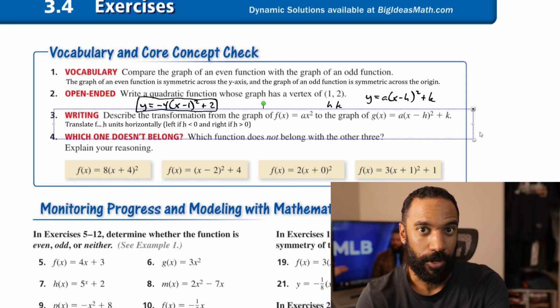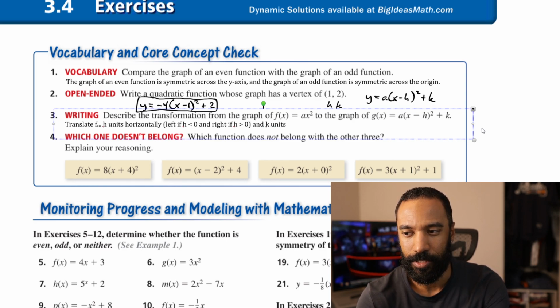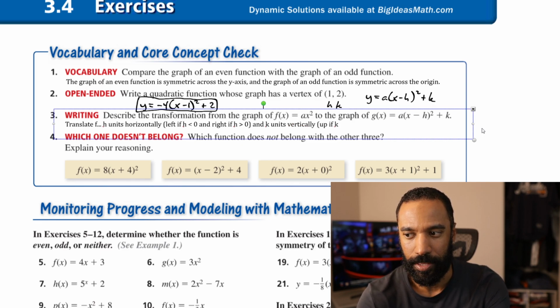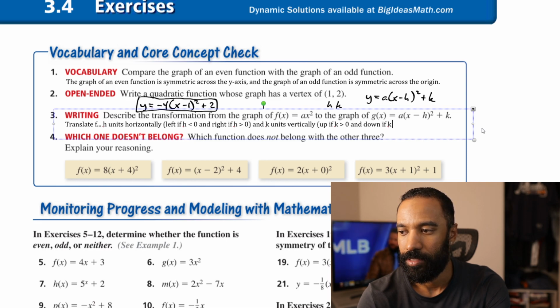And we don't move it left to right at all if h is 0. We translate h units horizontally and k units vertically. We would go up if k is greater than 0, and down if k is less than 0. And that's kind of it.